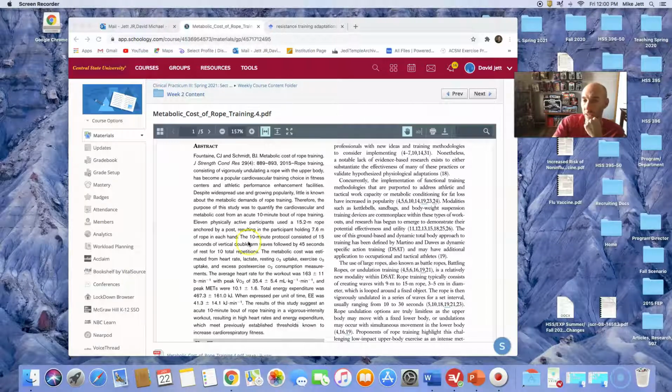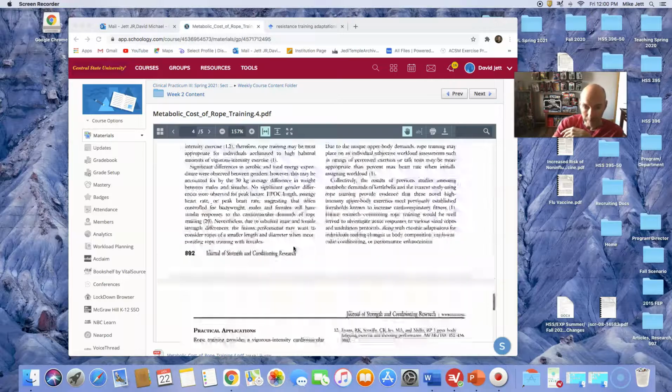Well, when you read the abstract, you find out that lactate was not measured during this protocol. Therefore, this article does not give us the information that we need, and we would need then to find another article.